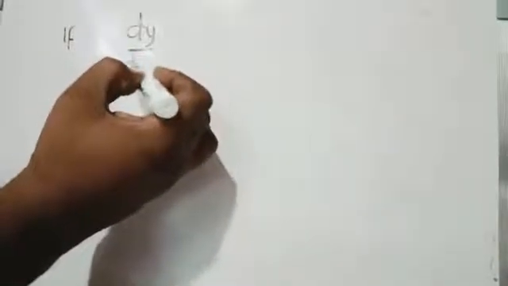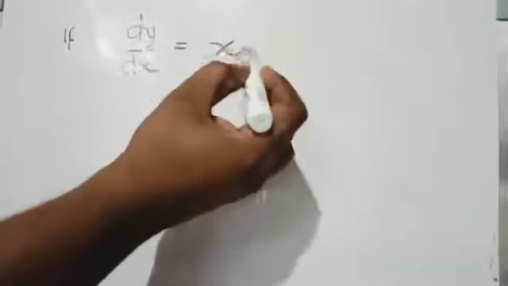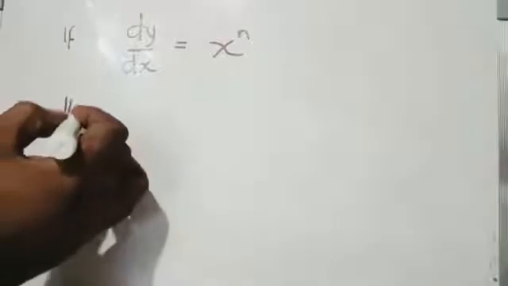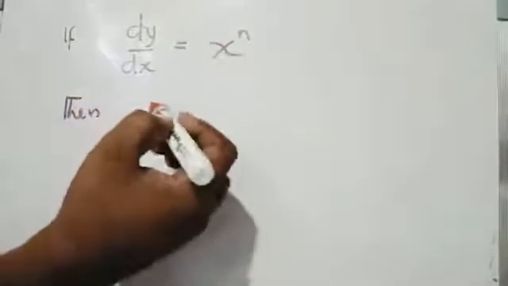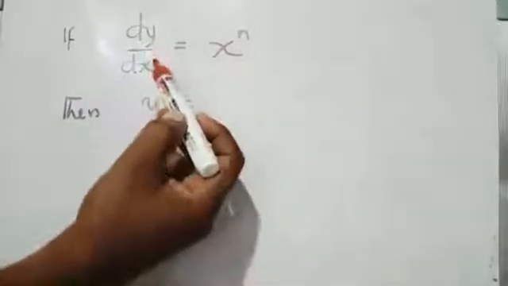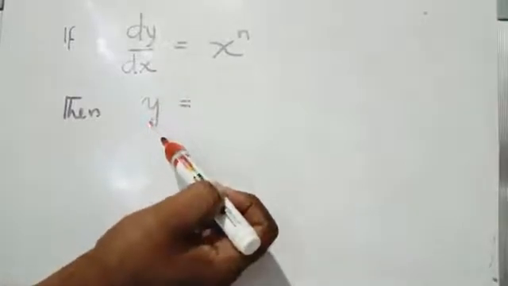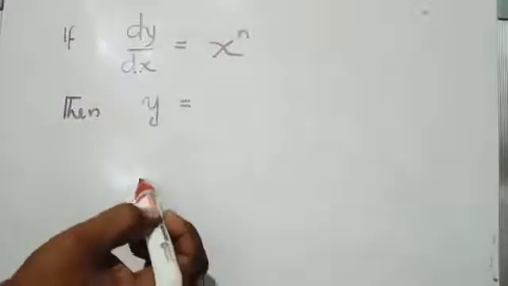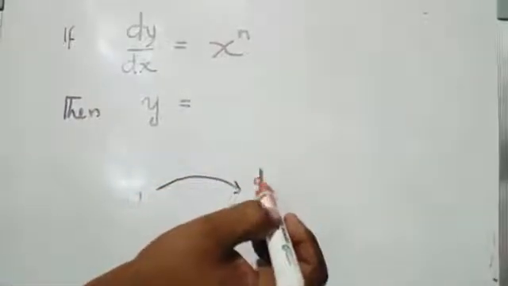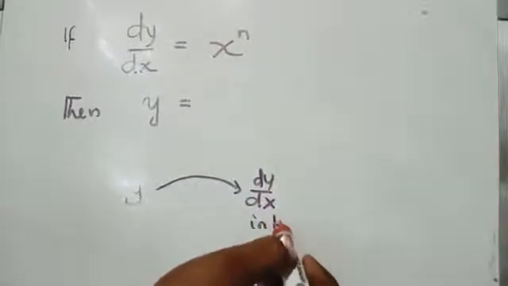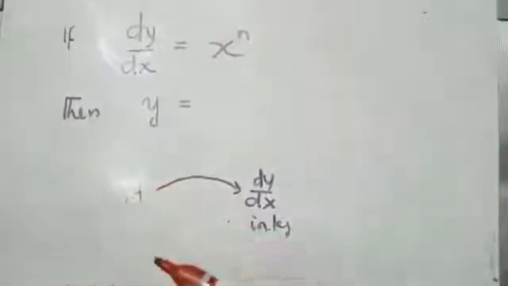Now let's go for the rule of integration. If dy by dx is equal to x raised to n, then y is equal to, because when we integrate dy by dx we get y, remember the concept, it is the reverse process of differentiation. y is differentiated to get dy by dx. That means if we integrate dy by dx we get y.